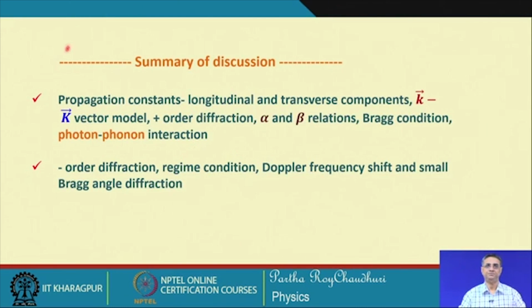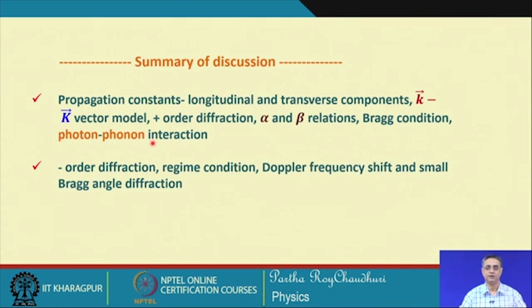Okay. So, I conclude by saying that for the propagation constants, longitudinal and transverse components, from this KK model we arrive at the alpha beta relations, the Bragg conditions, for the plus order diffraction and also for the minus order diffraction, and we have also seen it from the point of view of photon phonon interaction.